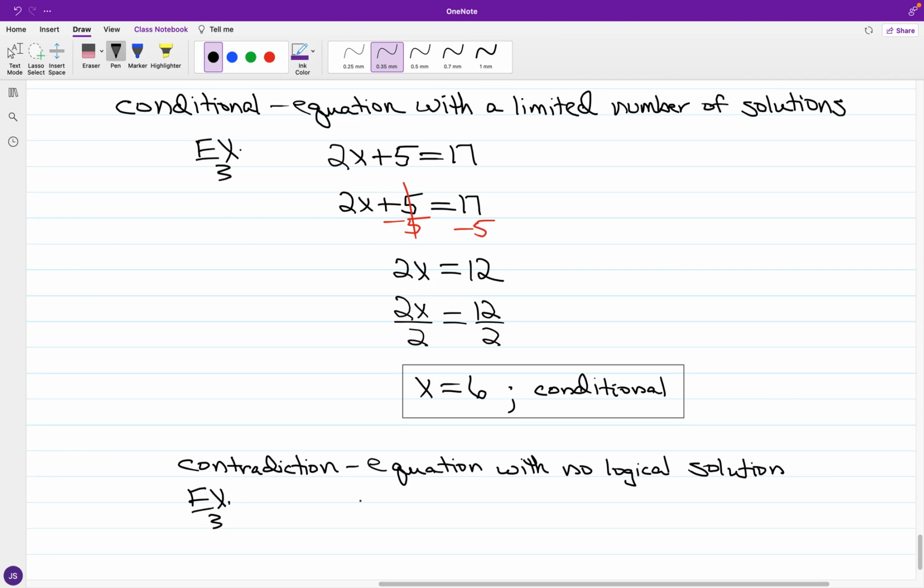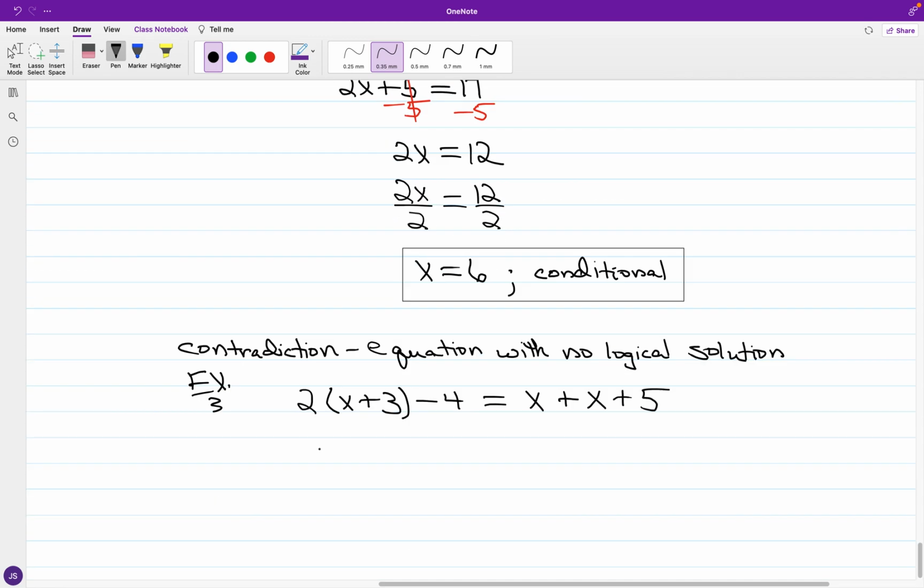And just in case, let's say I'm trying to solve for x, and I have 2 times the quantity of x plus 3 minus 4, let's say is equal to x plus 5.